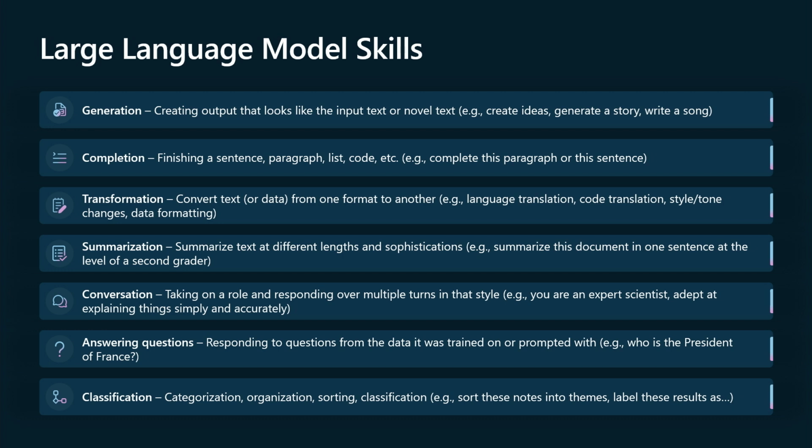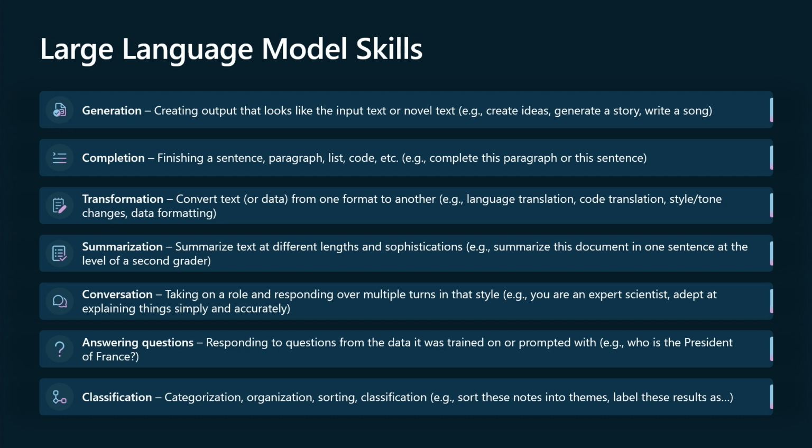Now, what can large language models do? Well, we typically say that they have these skills. They can generate content. They can also augment content, so they can finish things. They could finish a paragraph or a white paper, or, as I always like to say, this sentence. They can also classify, transform, and translate.